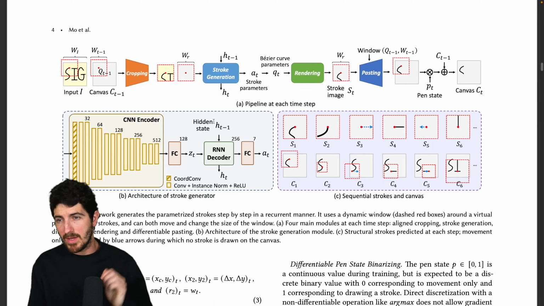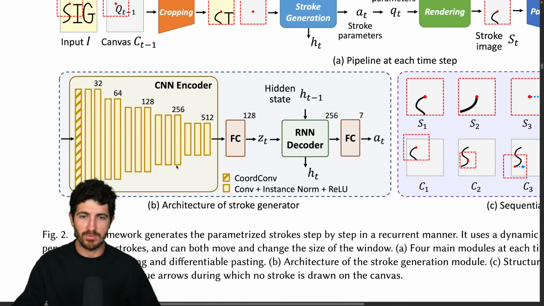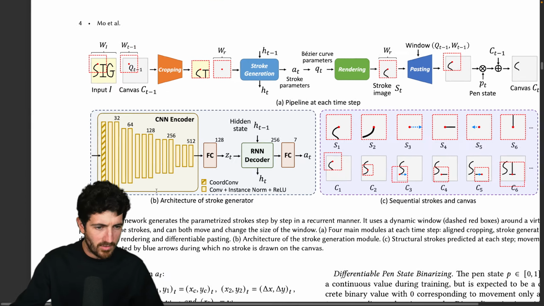Okay, so this is the diagram that we had before, and here's where the neural network architecture is. Architecture stroke generator. We have a convolutional encoder, so the raster image is basically encoded here, and we're gonna see what those encodings look like, and then we decode them back to FC, and I think AT are the Bezier curve parameters.